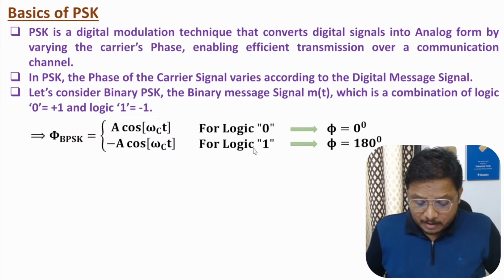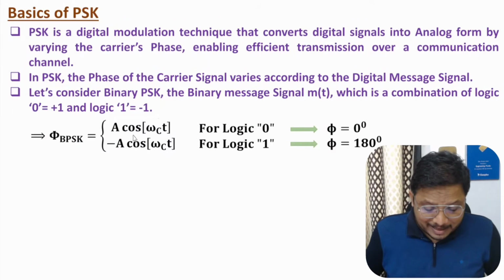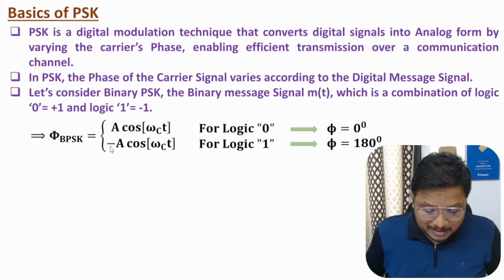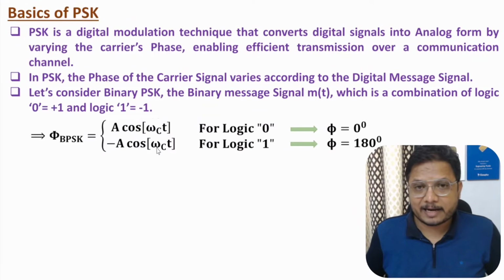See here, if you talk about the carrier, then the carrier is A cos omega ct. For logic 0, the phase will be 0, and for logic 1, the phase will be 180 degrees. If you have cos of omega ct plus 180 degrees, in that case that will be minus A cos omega ct, right?